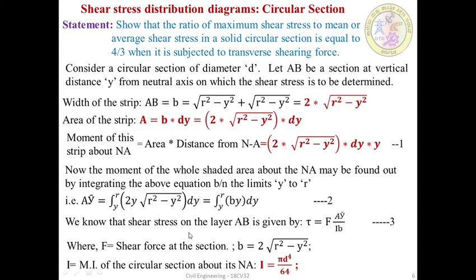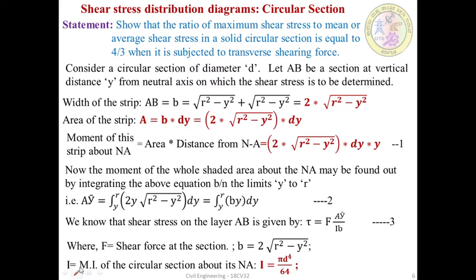We know that the shear stress on the layer AB is given by tau is equal to F into A y bar divided by I b, where F is the shear force acting on the section, and b is the width of the strip, equal to 2 times under root r square minus y square.